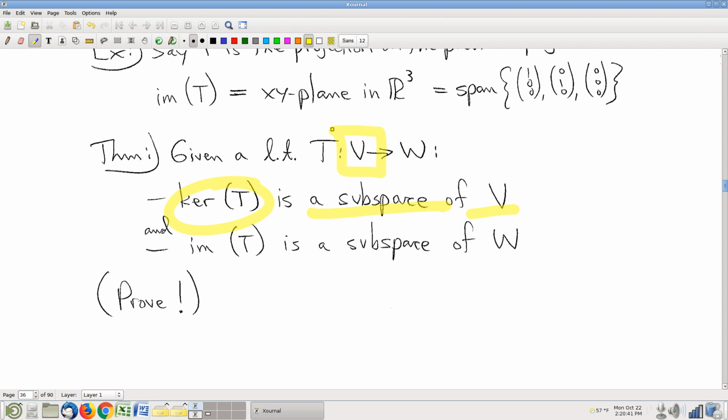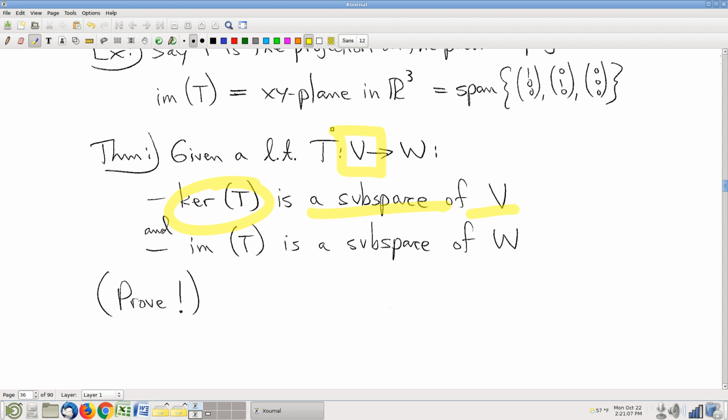Okay. Hint, big hint. We proved something very, very similar to this back in chapter 2. In chapter 2, we already proved that the collection of homogeneous solutions for a matrix is a subspace, right? The kernel is a lot like a collection of homogeneous solutions. Algebraically a little different, but it's morally pretty similar.